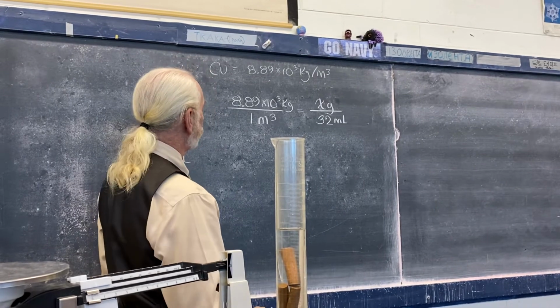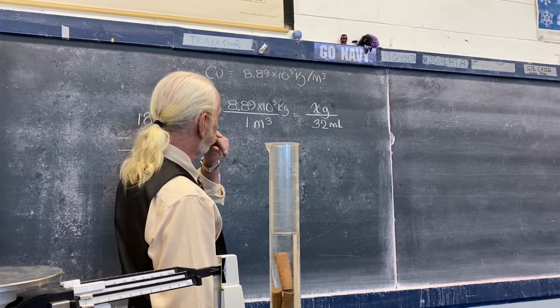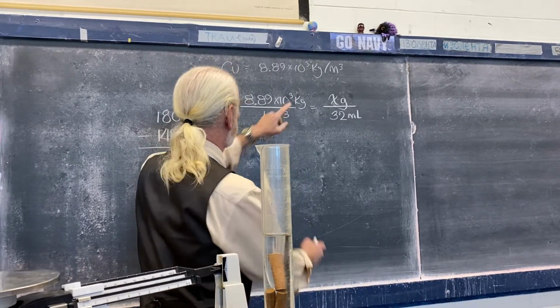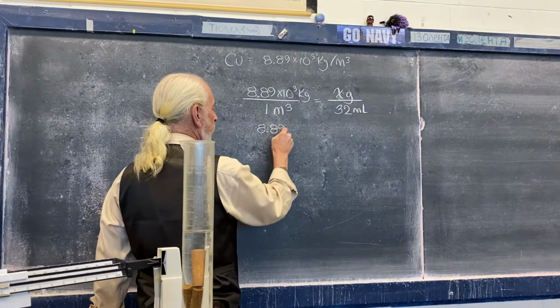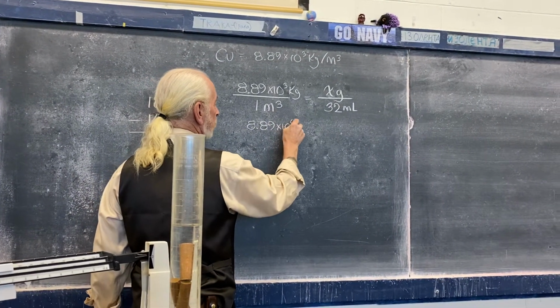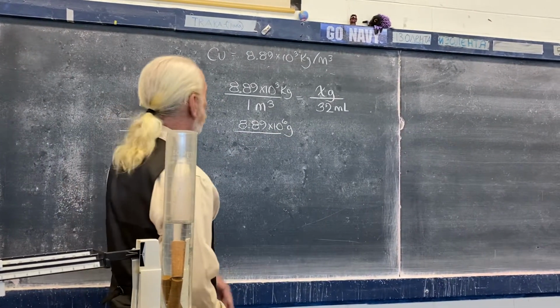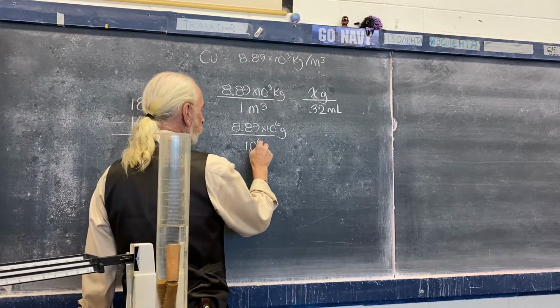I'm going to convert everything to small units. So I'm going to turn kilograms to grams. Kilo is 10 to the third, times 10 to the third is 10 to the sixth. One cubic meter is 10 to the sixth milliliters.